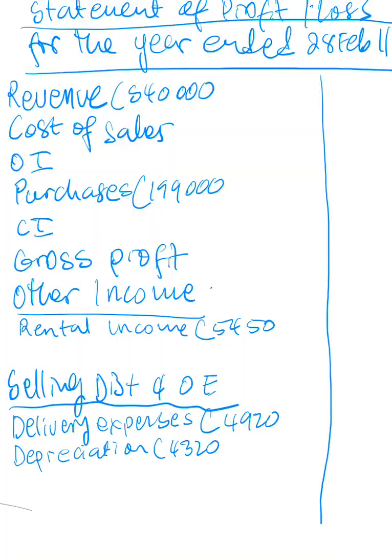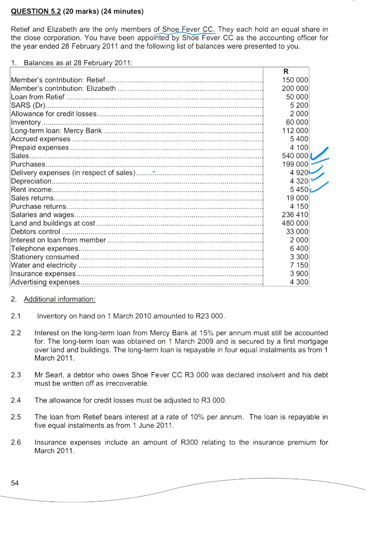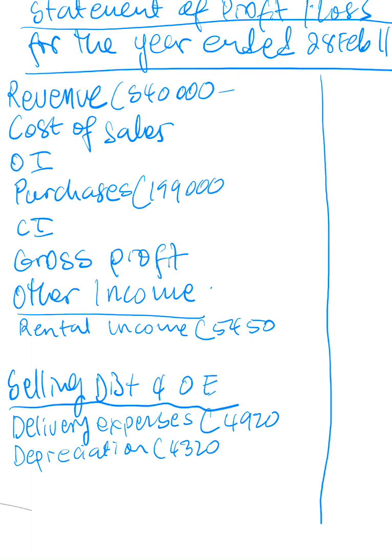Right, next is sales returns. Sales returns, they affect our revenue, minus 19,000. Remember, revenue is going to be sales minus sales returns minus settlement discount granted.